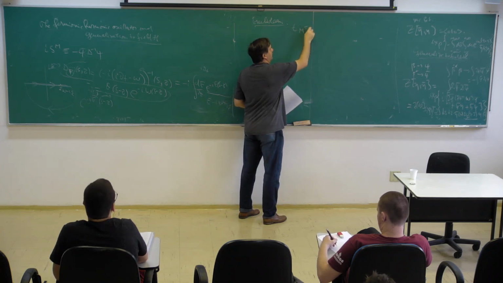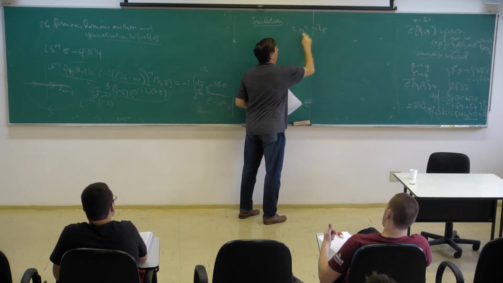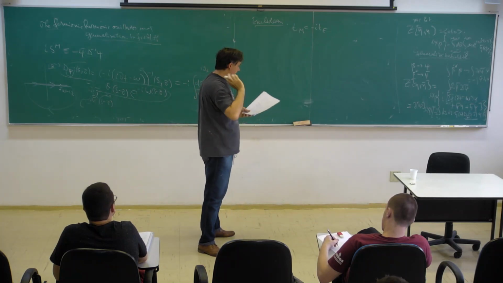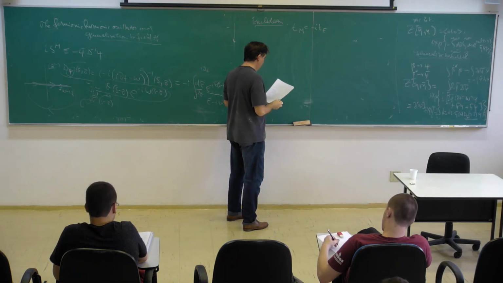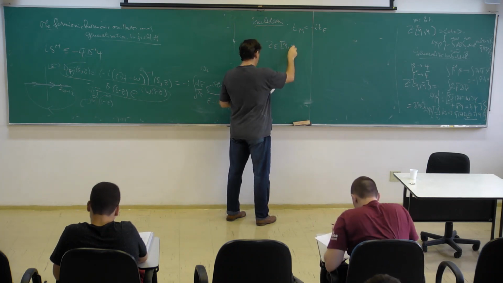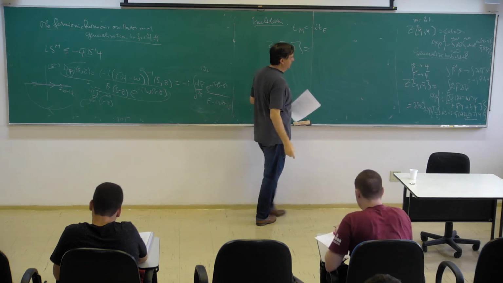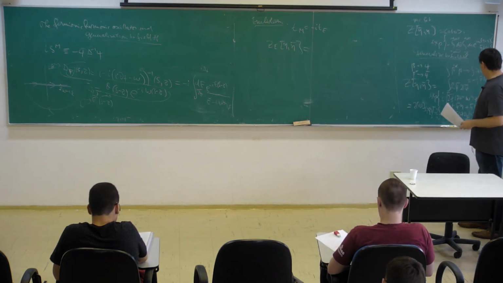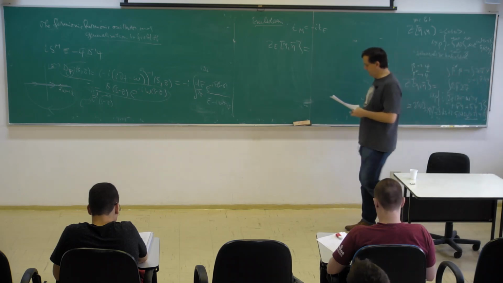As before, I write that the time in Minkowski is minus i times the Euclidean time. And then the Euclidean path integral is given just by replacing in here.